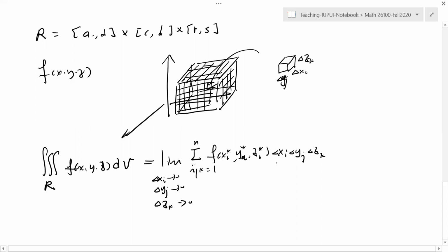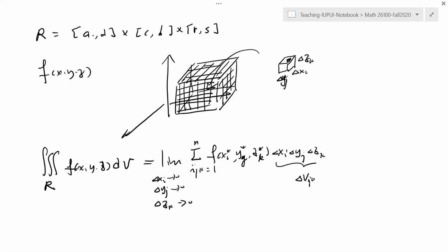The product of those three terms is the volume, delta V_ijk. And (x_i star, y_j star, z_k star) is some point inside, picked arbitrarily. The value of the function times the volume of this little cube, added together, is called a Riemann sum.